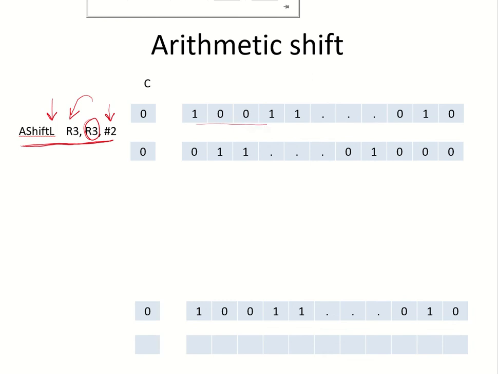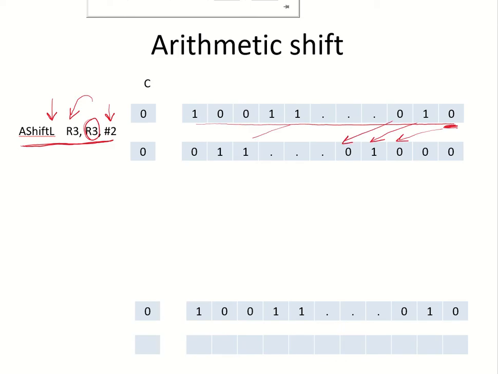So if these are the contents of register R3 and they have to be shifted left. If this 0 is shifted left by 2 bits, it goes here. This 1 will come here, this 0 will come here.